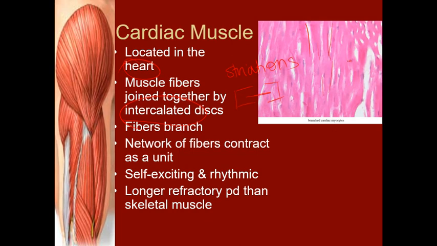Here's a little intercalated disc right there. They're working as a unit. Those little networks of fibers work as a unit, and it's very rhythmic and very steady. Your heart starts and it transmits that pulse down those fibers, and the lub dub.